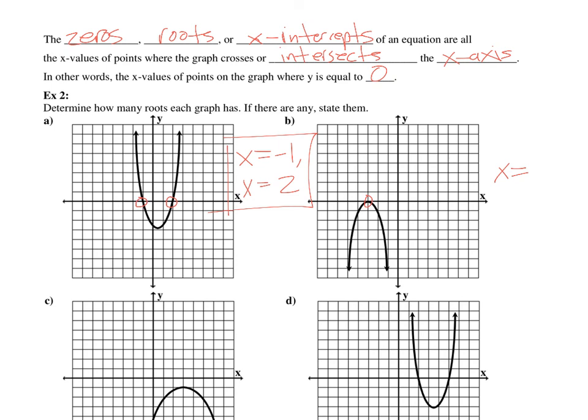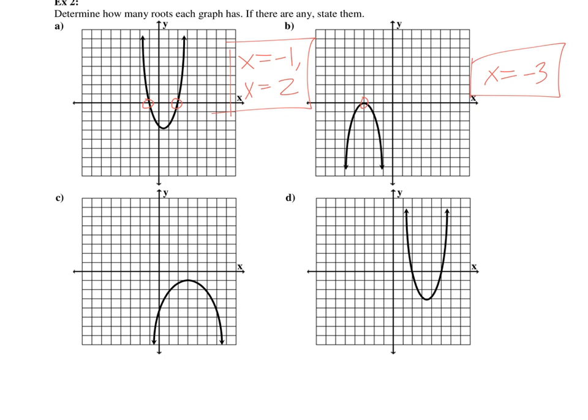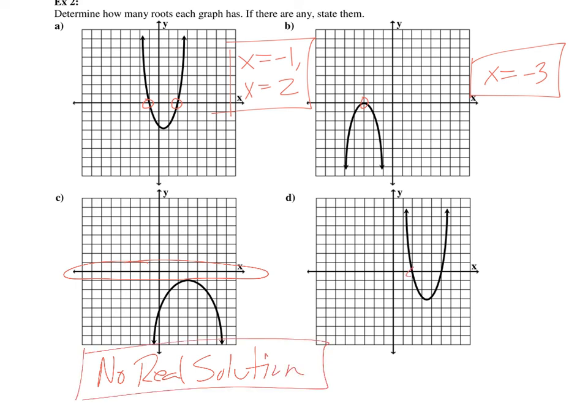So I have x equals negative 3. The next one, the graph does not intersect the x-axis, so there is no real solution here. And then here I have these two values, x equals 2 and x equals 5.